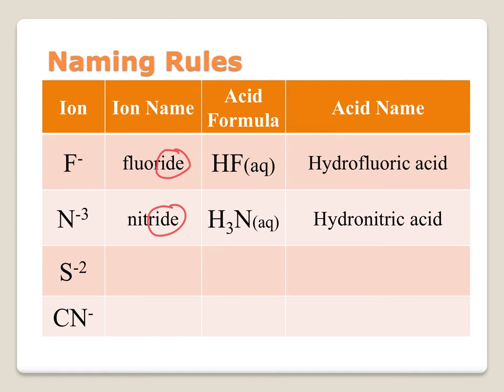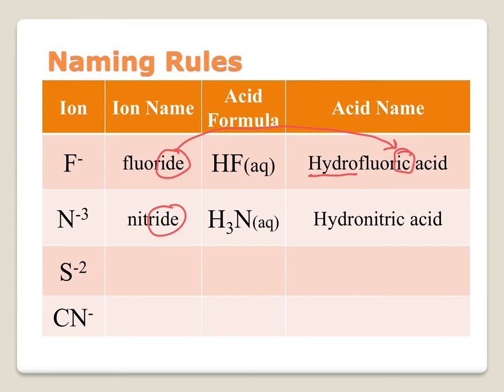When it ends with "ide," so we're really focusing on the anion, the name is going to attach hydro at the front, so you're going to have the prefix, and then it's going to put "ic" at the end, so the "ide" drops off and becomes "ic." Hydrofluoric acid, so we had fluoride, fluoric, and we have hydro at the front.